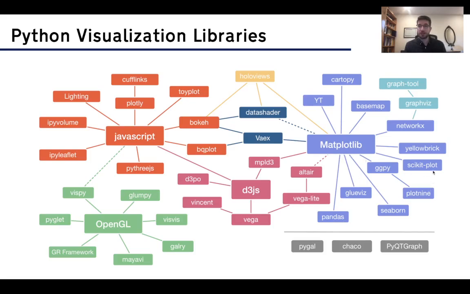You can also see scikit-plot. We're not going to be talking about scikit-learn in this class, but scikit-learn is a very popular library for doing machine learning related tasks. We're not going to be touching machine learning in this course, but part of data science is often doing machine learning. So scikit-learn is very popular as well, and that also uses Matplotlib.